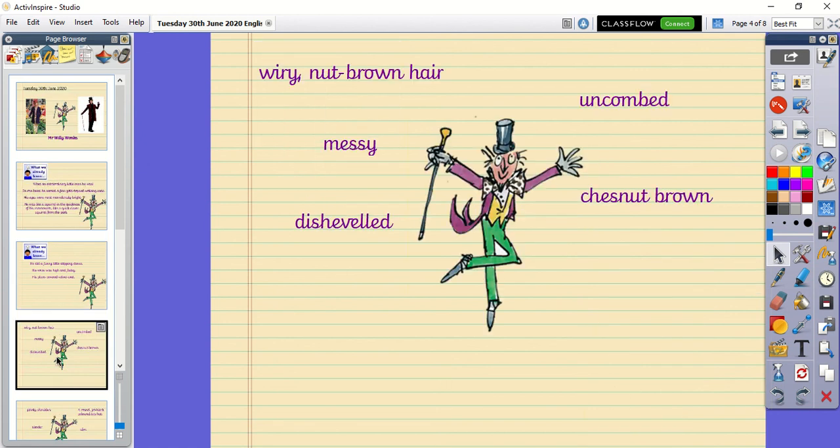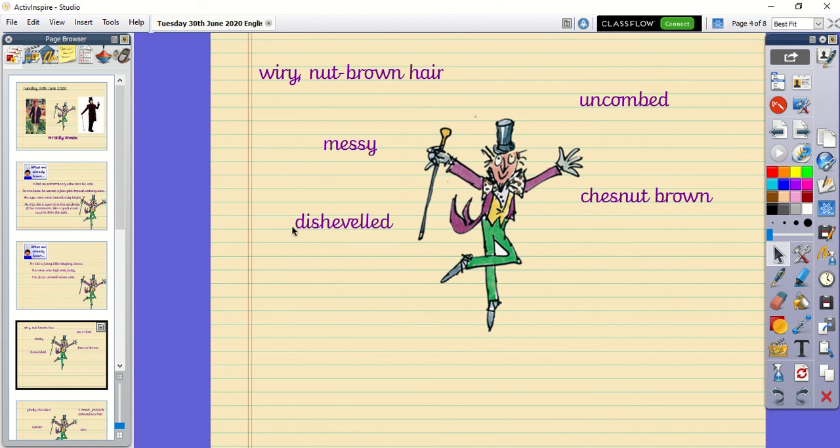Okay, so what we don't necessarily know, and this is what we're inferring. Okay, so for example, I've gone talking about his hair here. So I said he's got wiry nut brown hair, but obviously you could use chestnut brown instead. It's uncombed, therefore it's messy, therefore it's dishevelled.